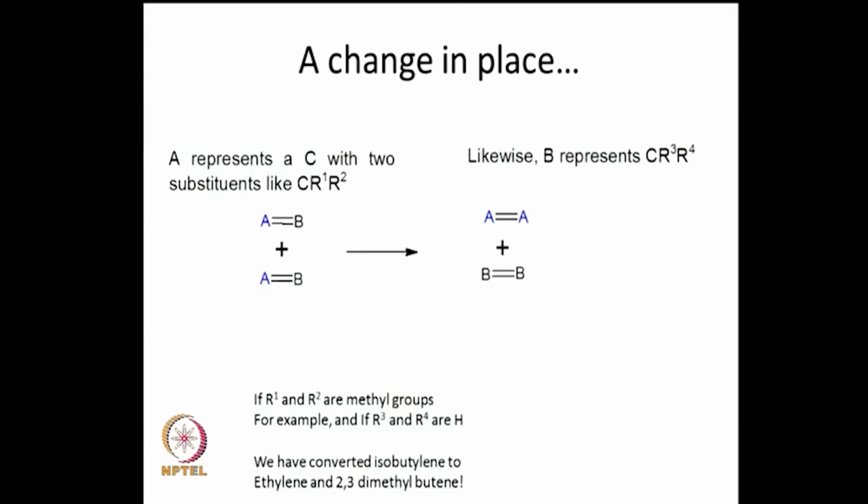In the slide before you, you will notice two alkenes, and they are the same alkene AB, which is basically indicative of two alkylidene groups joined together.